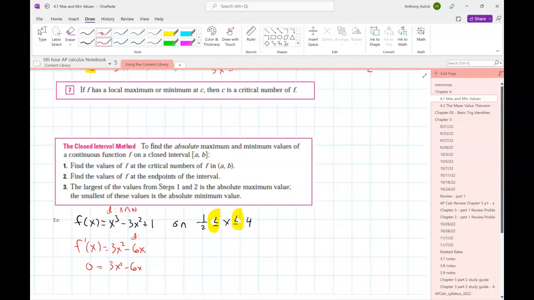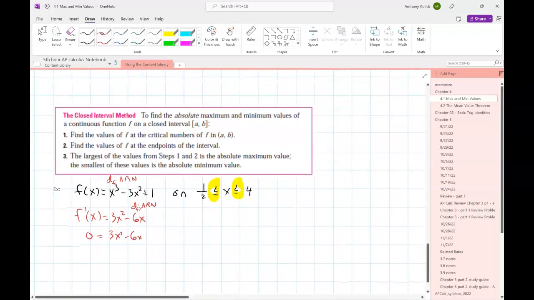The derivative's a polynomial also, so the domain of the derivative is all real numbers there as well. So I don't have any places where the derivative is undefined, which is swell. So that's nice.